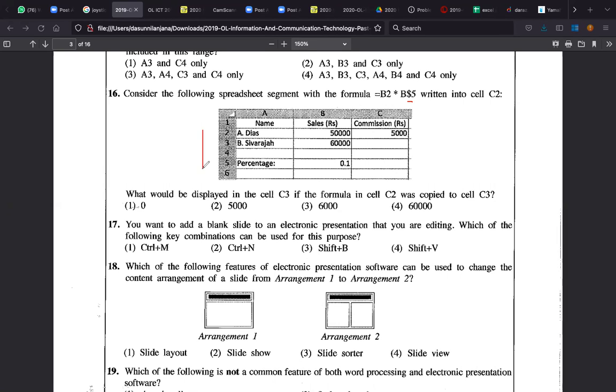Basically, numbers change in this direction, no? But if there's a dollar in front of that number, it's not going to change in this direction. Letters change in this direction, no? If there's a dollar in front of the letter, it won't change in this direction.